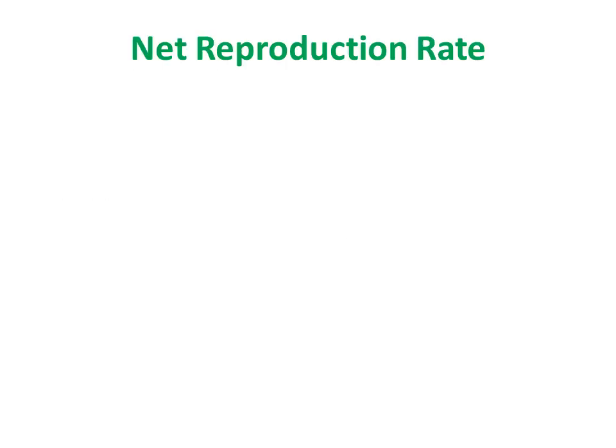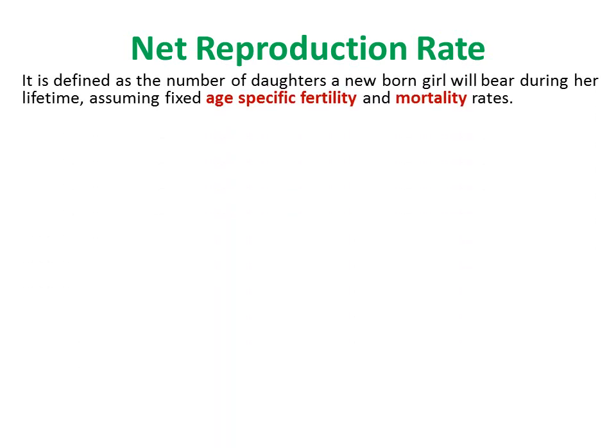Net reproduction rate versus gross reproduction rate. Net reproduction rate is defined as the number of daughters a newborn girl will bear during her lifetime, assuming fixed age-specific fertility and age-specific mortality for the woman.